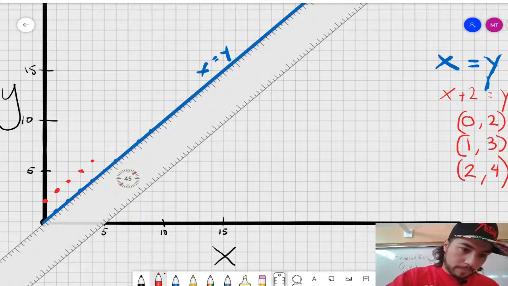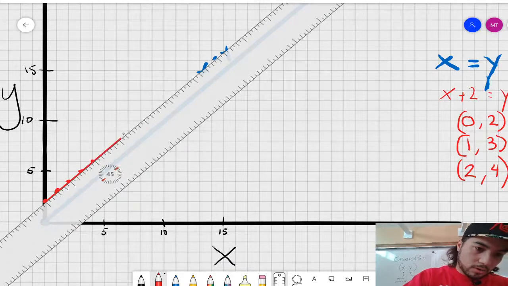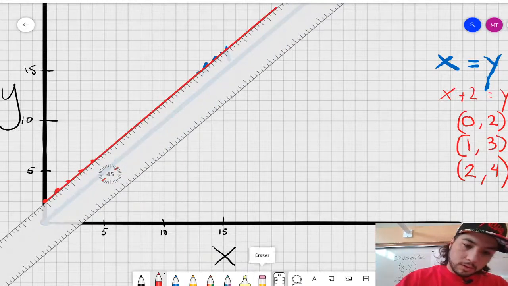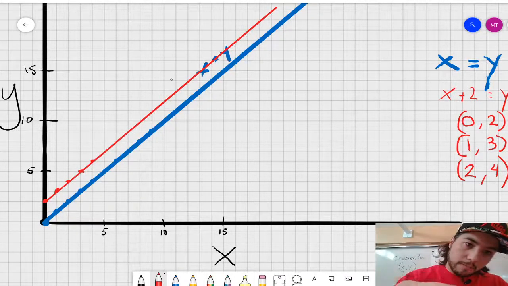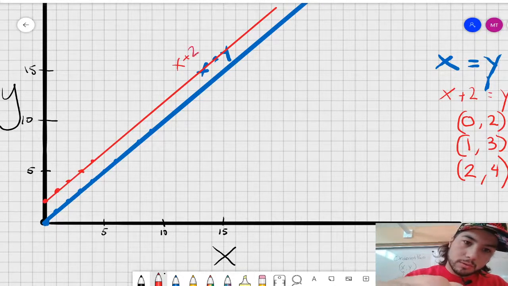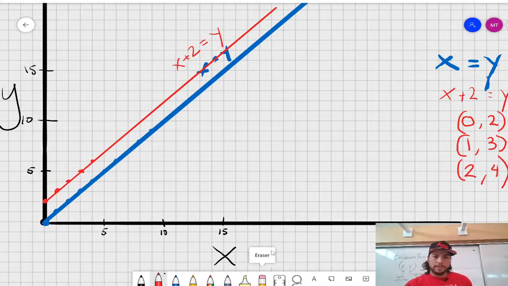If we take our ruler and we put it in a line, we can see there, this is x plus 2 equals y. What do you notice about these two lines? What do you notice about x equals y and then x plus 2 equals y, other than the blue line is thicker than the red line because I was using a different size pen?